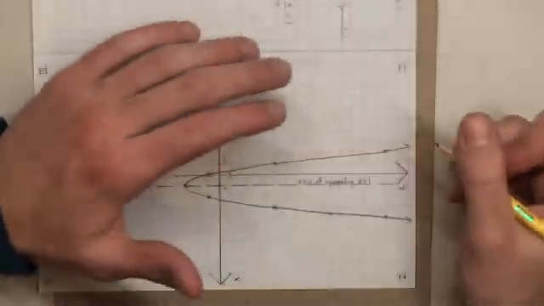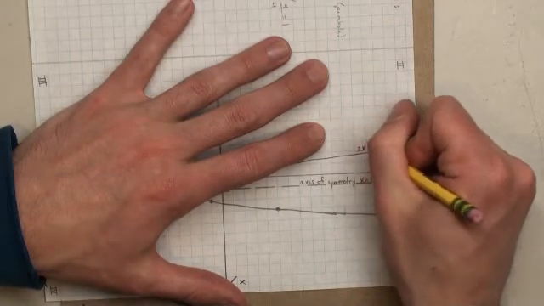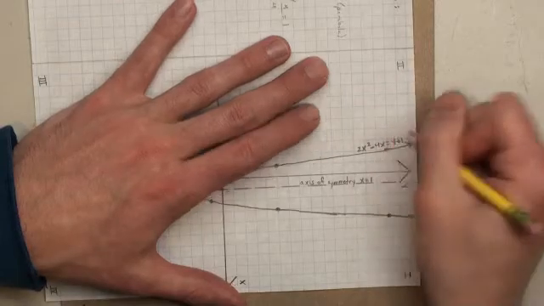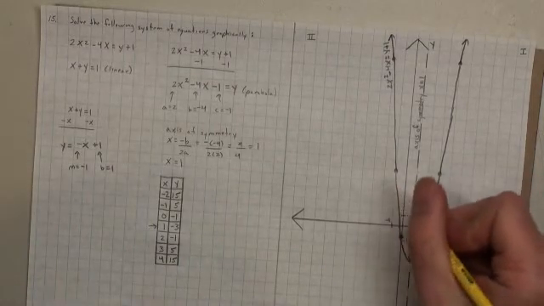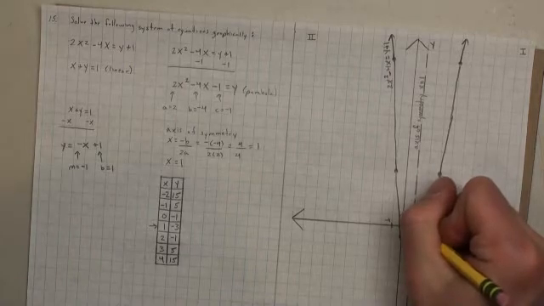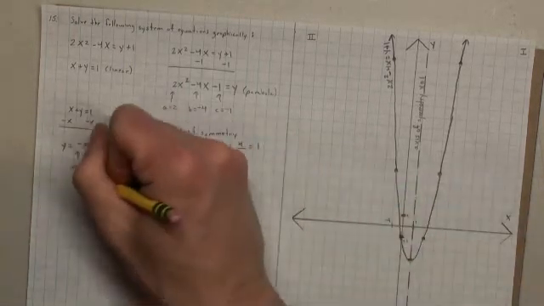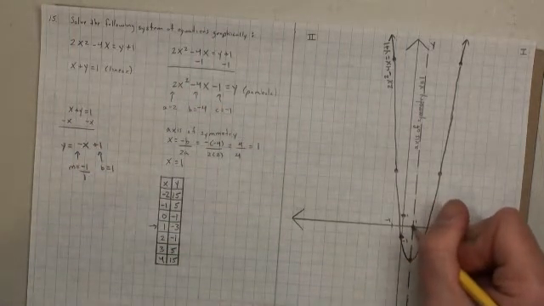Okay, so the equation is 2x squared minus 4x equals y plus 1. Now let's graph the line, which goes through 1, and my slope is negative 1, which is over 1, so it's down 1 and to the right 1.